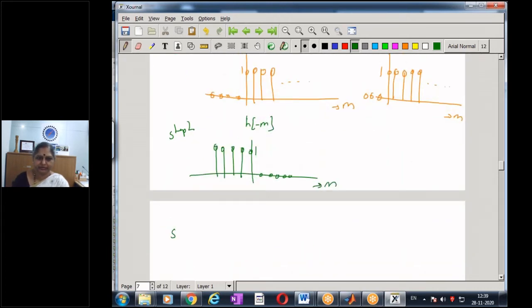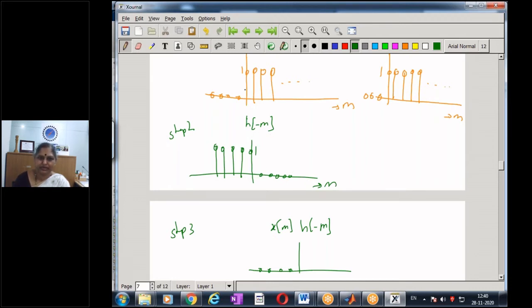So step 3, we sketch the product x of m, h of minus m. Now when I sketch the product, x of m is 0 for all negative values, and h of minus m is 0 for all positive values.